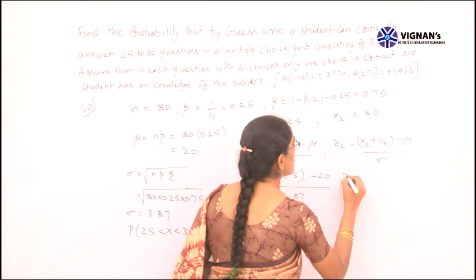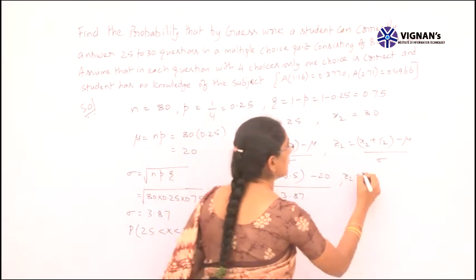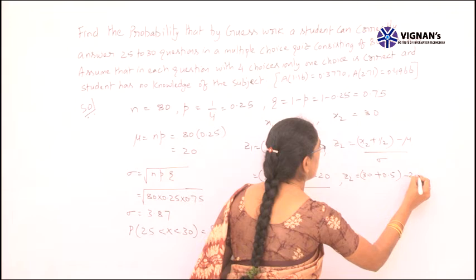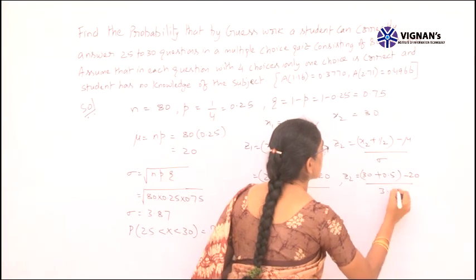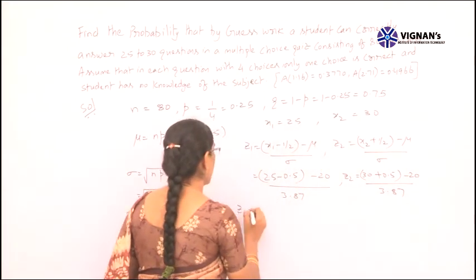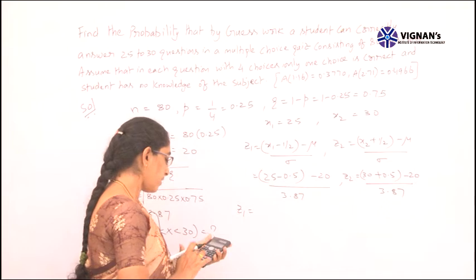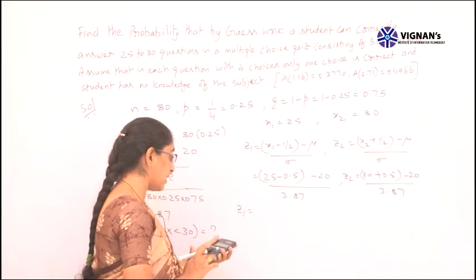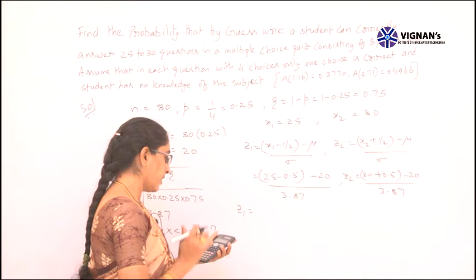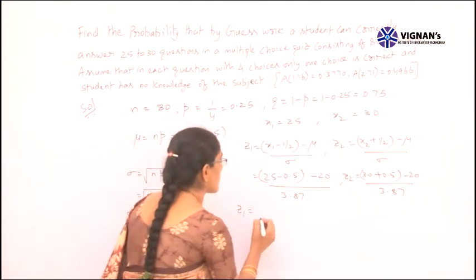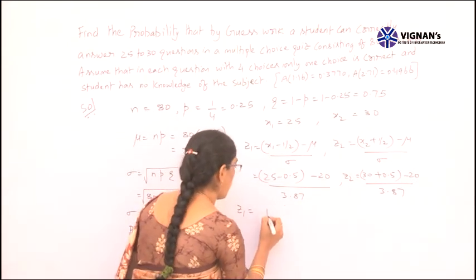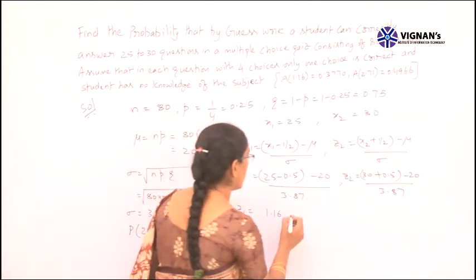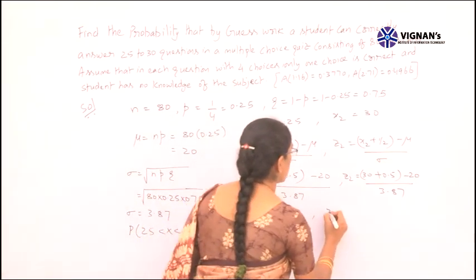And Z2: x2 means 30, so 30 plus 0.5 minus 20 by 3.87. Now if we simplify, Z1, that is 25 minus 0.5 minus 20 by 3.87, is 1.16. Remember it is positive, greater than 0.